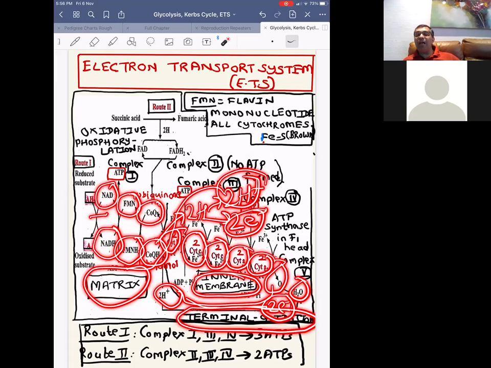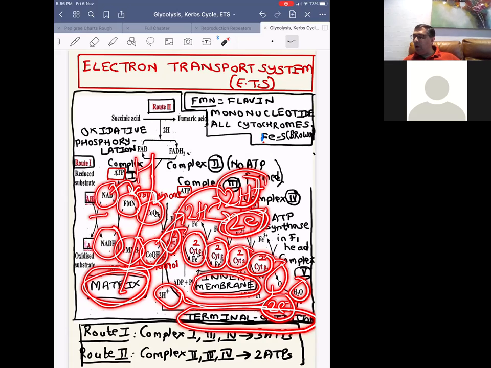So there was hydrogen transfer in the matrix, NAD to FMN, FMN to coenzyme Q. There was hydrogen transfer in the matrix. There was electron transfer.